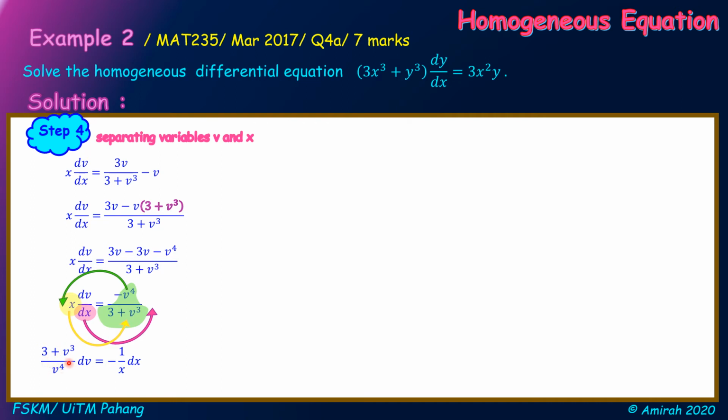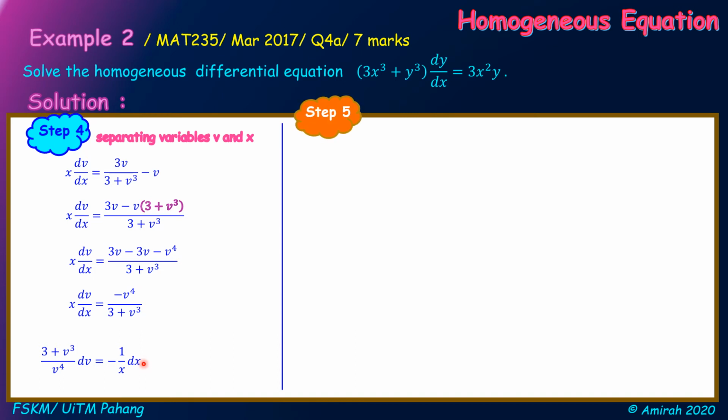So we get (3 plus v cubed) over v to the power of 4 times dv equals negative 1 over x times dx.